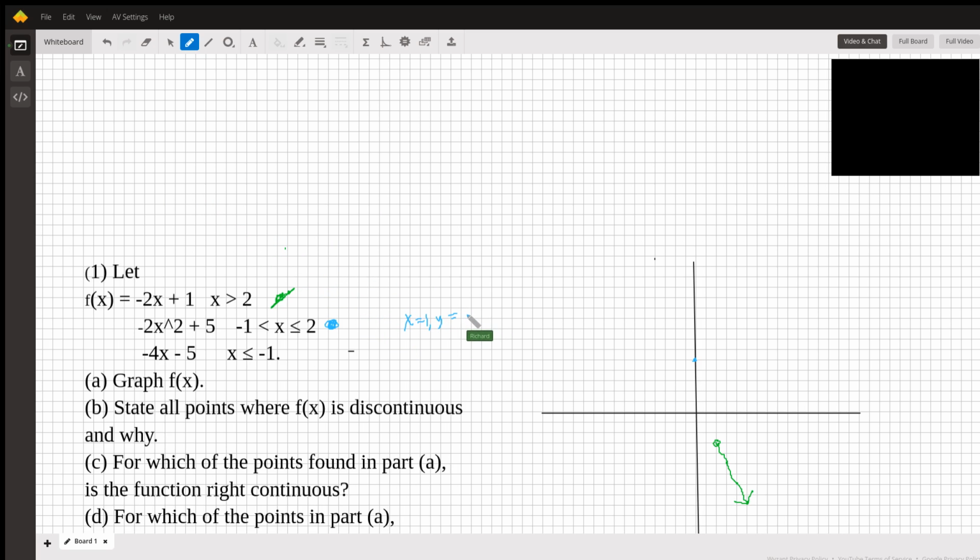It's going to be -2 times 1 squared, so it's going to be -2 plus 5. So that's going to be 3 there. Okay, 1 comma 3 is the next one. And we know it has to have a corresponding point like this because of the symmetry of the parabola.